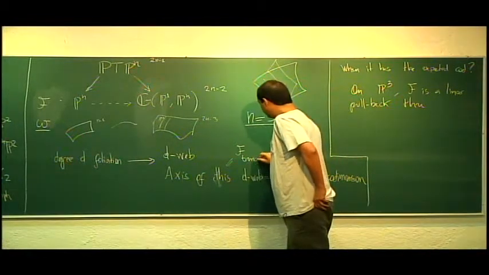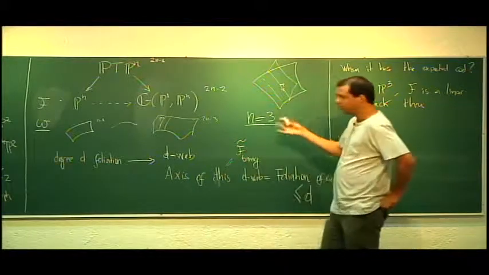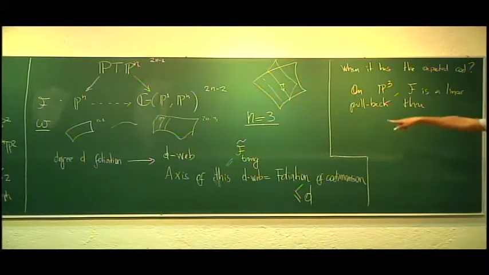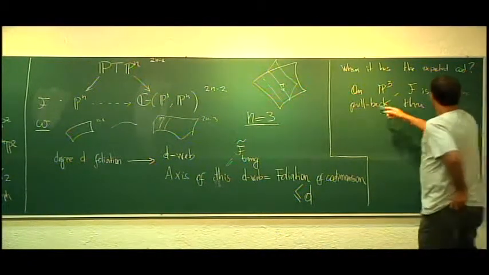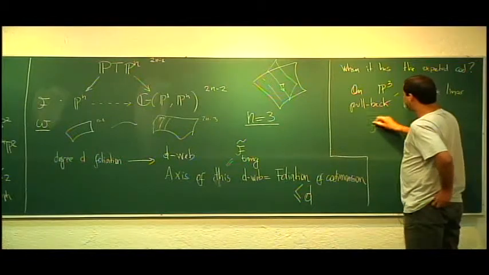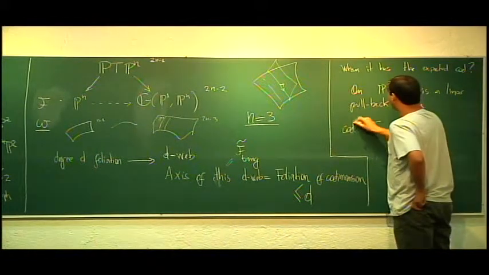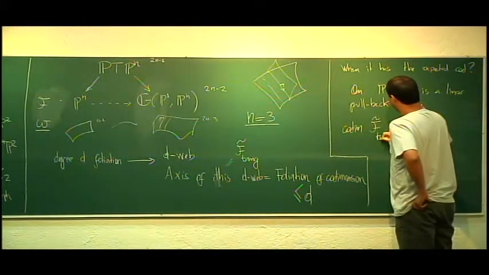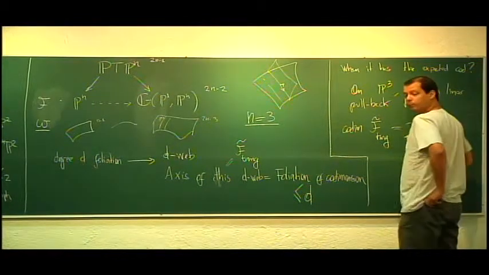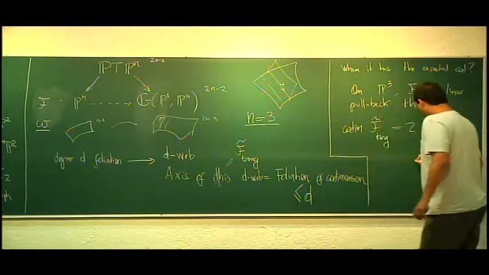F tang tilde, the tangential foliation to F. I will put a tilde there because this is not my final construction. Then it's a simple exercise to see that the codimension of F tang is 2. Why? So it's a linear pullback.